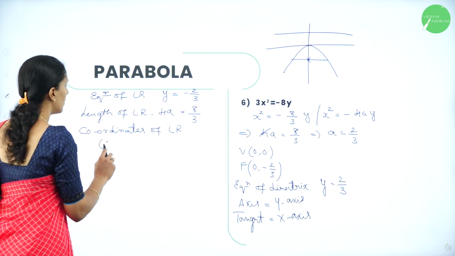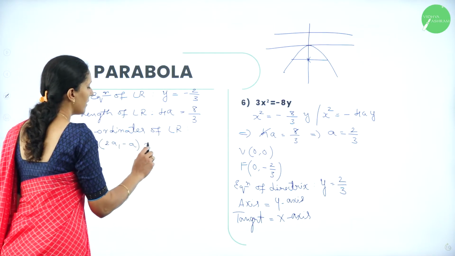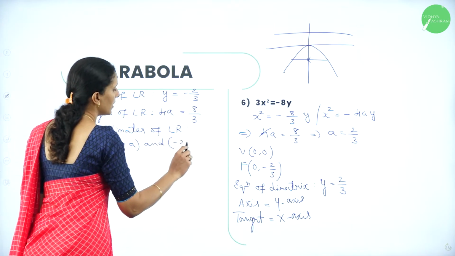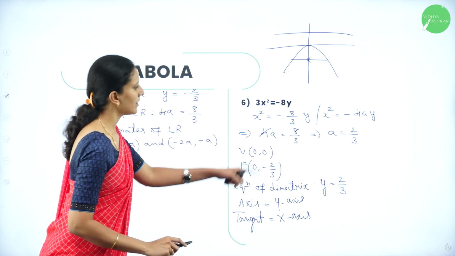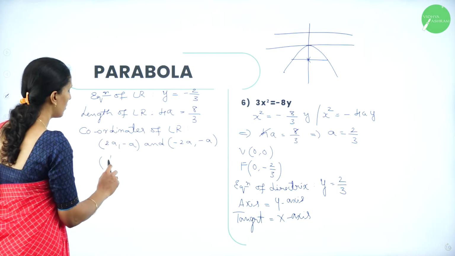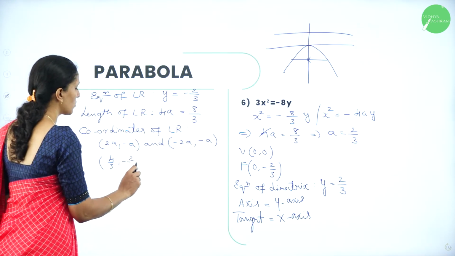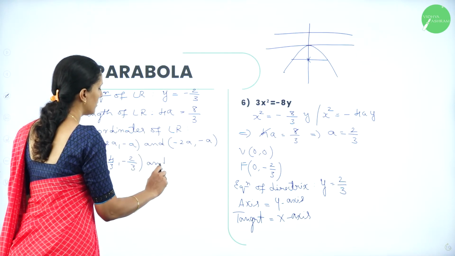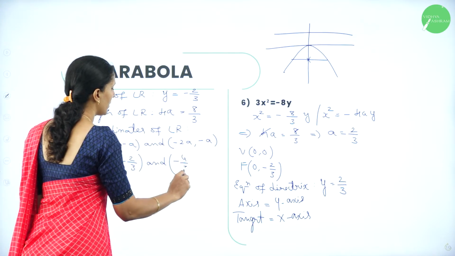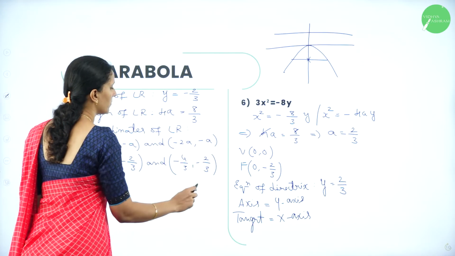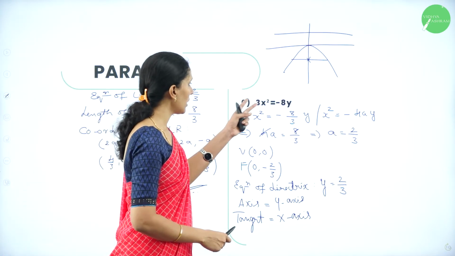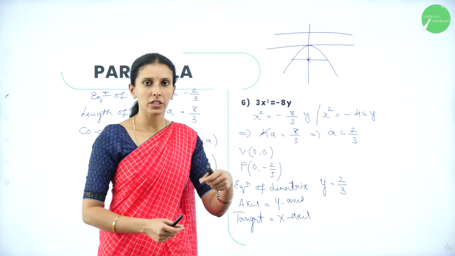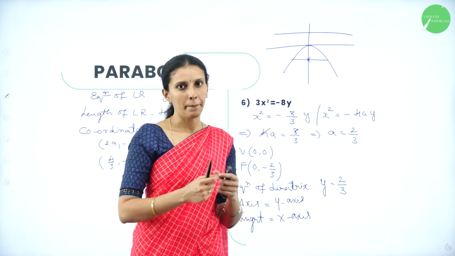It is 2a comma minus a and minus 2a comma minus a, where a is 2 by 3. So 2a is 4 by 3 comma minus 2 by 3 and minus 4 by 3 comma minus 2 by 3. So these are the characteristics. So whenever the equations are given, just reduce it into one of the standard forms and compare it.